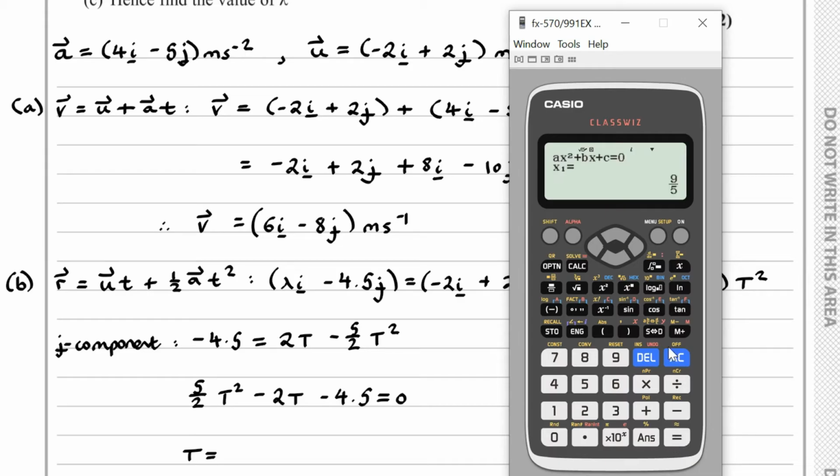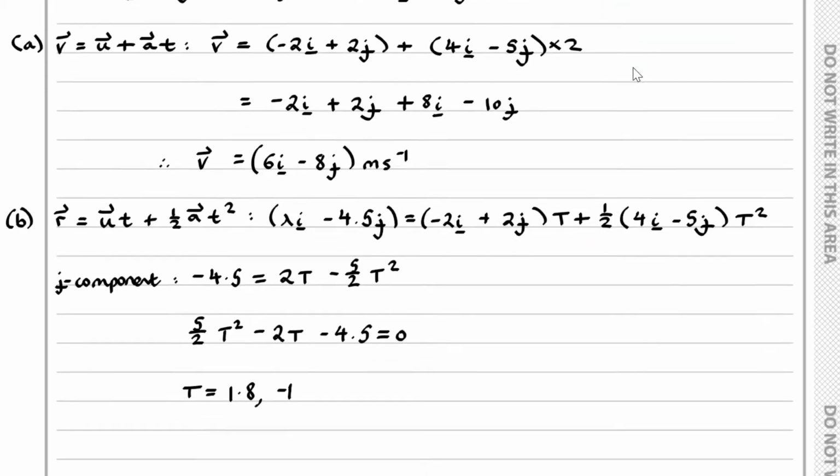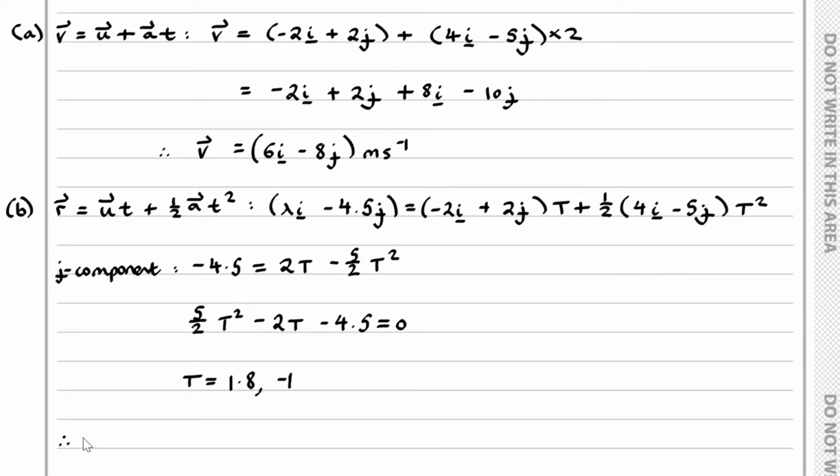So it turns out we get 1.8 and minus 1. Therefore we can conclude that the time is equal to 1.8 seconds. And the reason for this, T must be greater than 0.